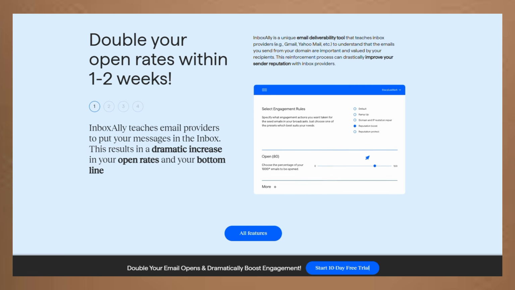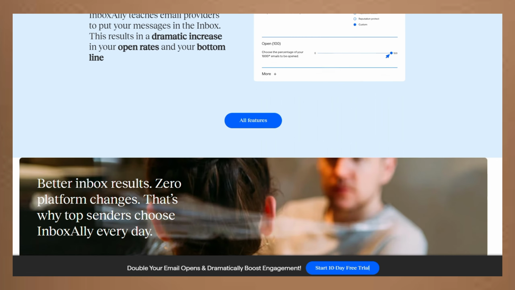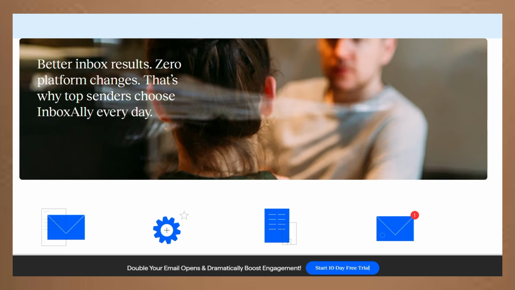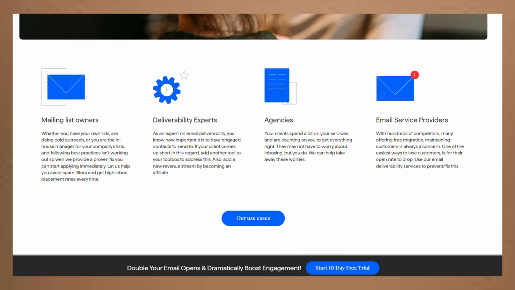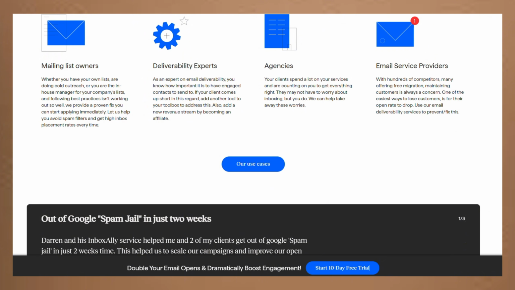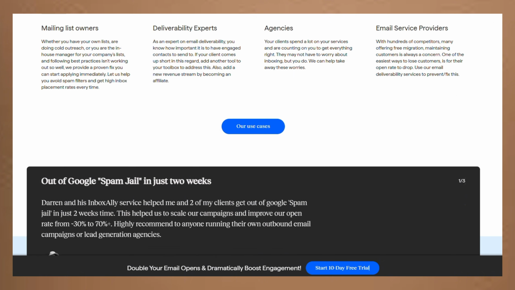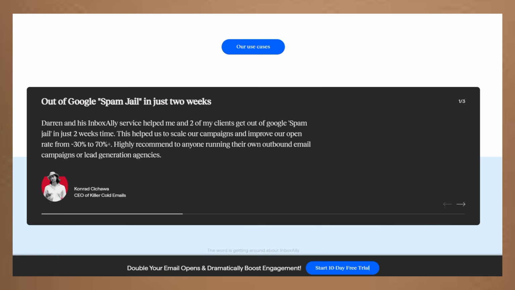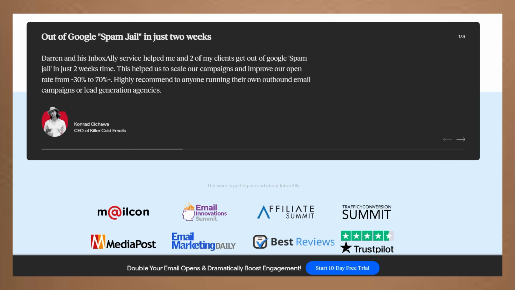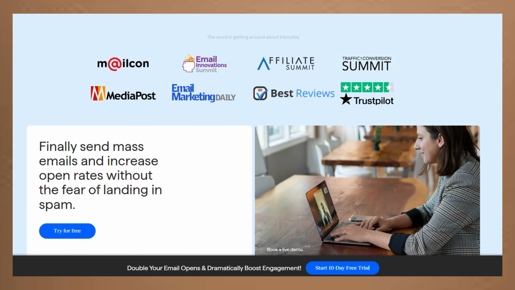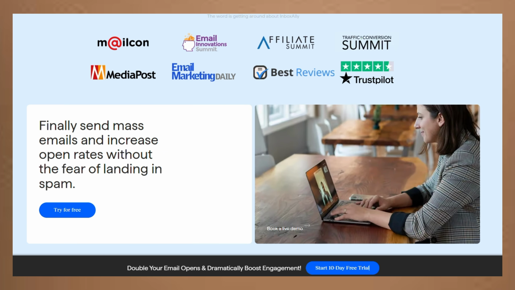And honestly, it's the exact type of situation that the tool was built for, after doing quite a bit of research. At that point, the issue wasn't really warming up anymore. It was that mailbox providers had already distrusted my domain. What InboxAlly really helped with was rebuilding those positive engagement signals a lot faster.